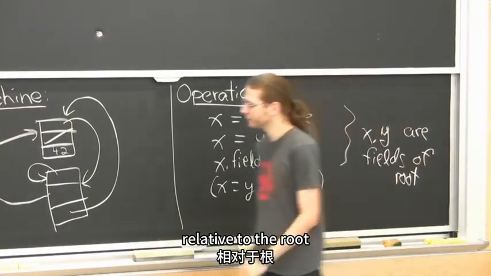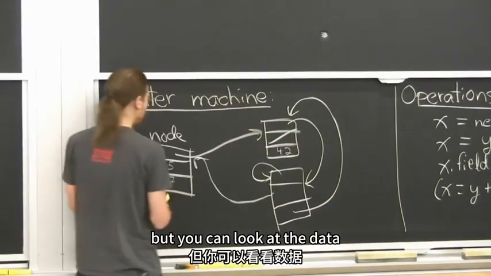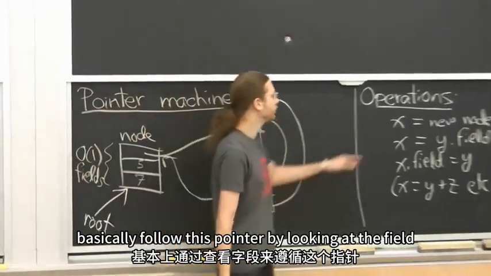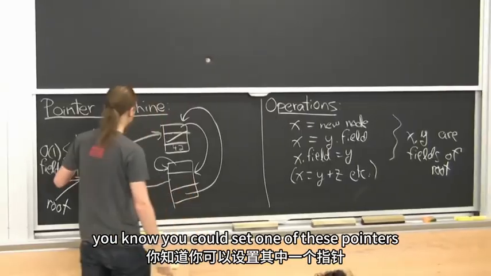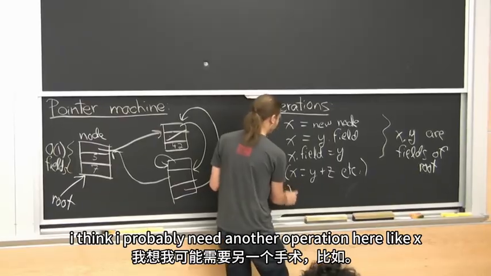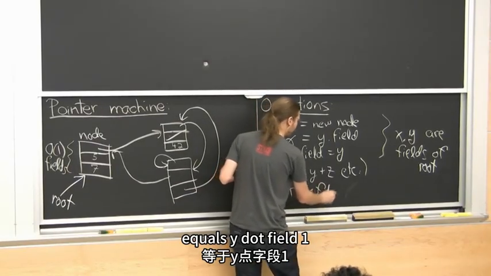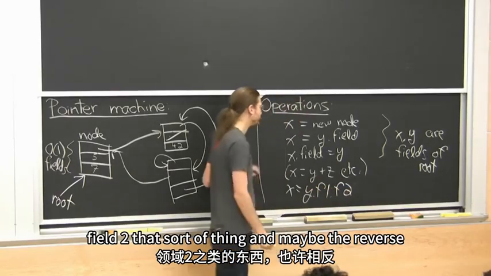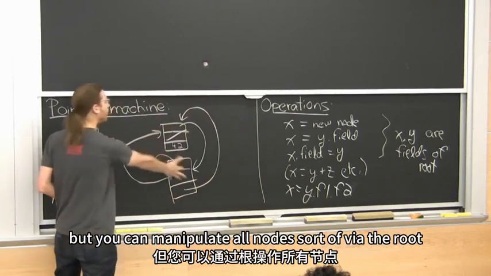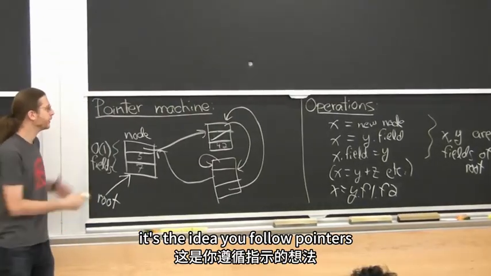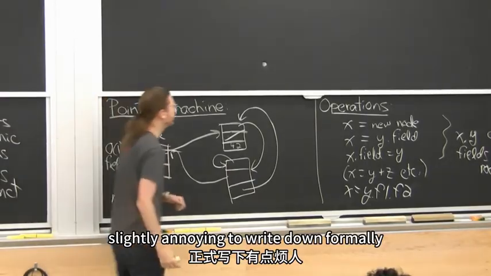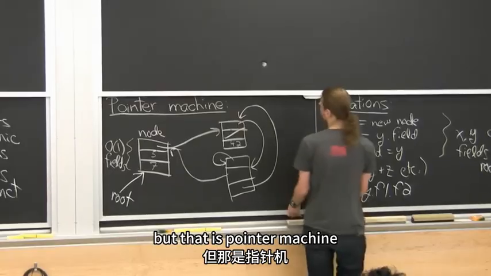You're always working relative to the root, but you can follow a pointer by looking at the field. You could set one of these pointers. I think I probably need another operation here, like x equals y dot field 1, field 2, that sort of thing. And maybe the reverse. But you can manipulate all nodes via the root. That's the idea. You follow pointers, do whatever. So pretty obvious, slightly annoying to write down formally, but that is the pointer machine.